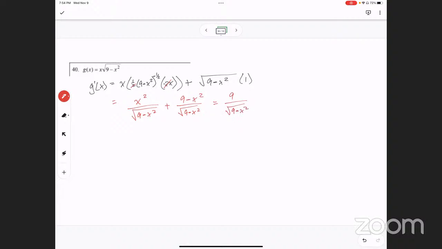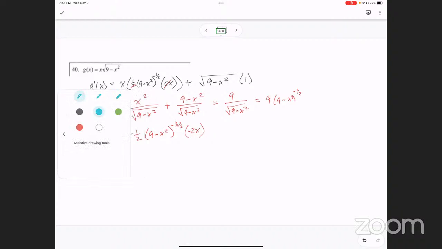So the double derivative of this is going to be, we can rewrite this as 9 times 9 minus x squared to the negative 1/2, if we want to think of it like that. So now taking the derivative is negative 9 halves, because I multiplied it down, right? Times 9 minus x squared to the negative 3 halves, times the derivative of what's inside, which again is negative 2x.